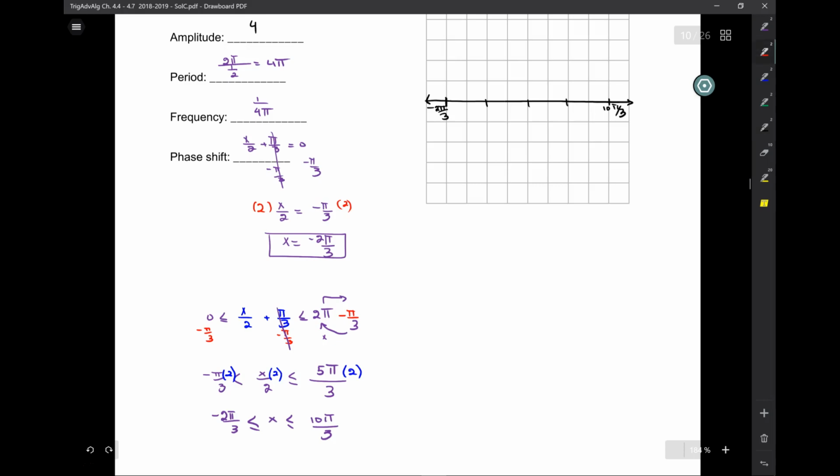Okay. That first midpoint in the red, that's half of negative 2 pi over 3 and 10 pi over 3. So that's half of 8 pi over 3, and that's 4 pi over 3. So it's always these two, you add, you divide by 2. Right now what we're doing is the algebra 1 or pre-algebra part.